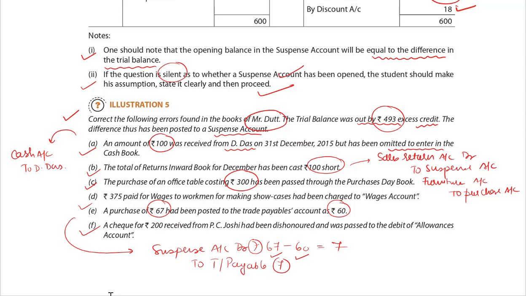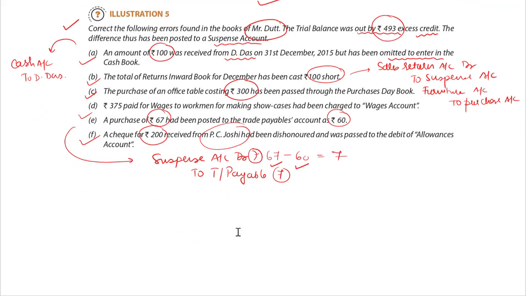Let's see the F point. A check of 200 received from PC Joshi, dishonored and passed to the debit of allowance account. A check of 200 was received from PC Joshi, but we have made an error.